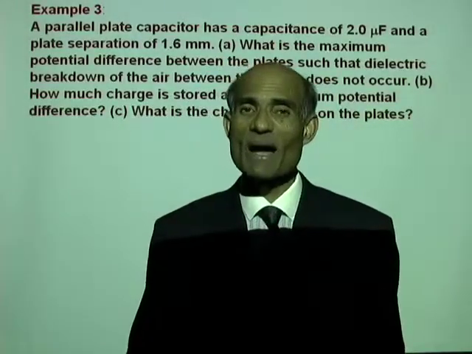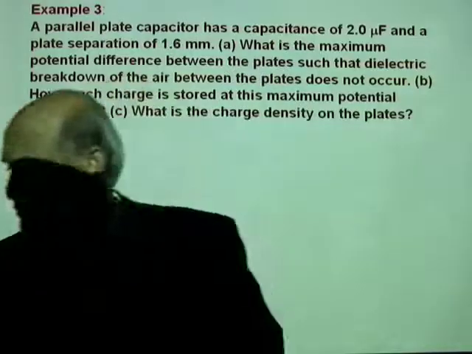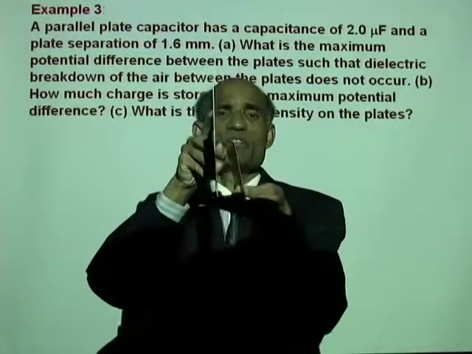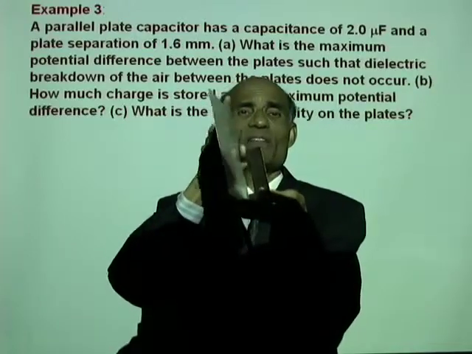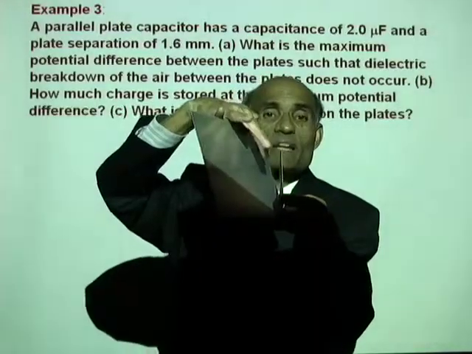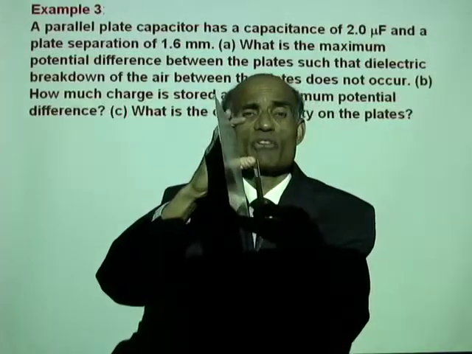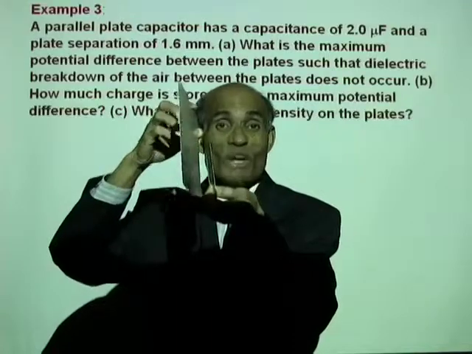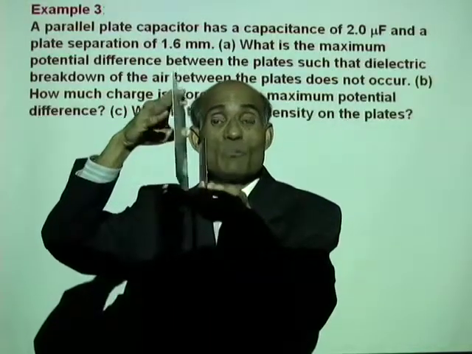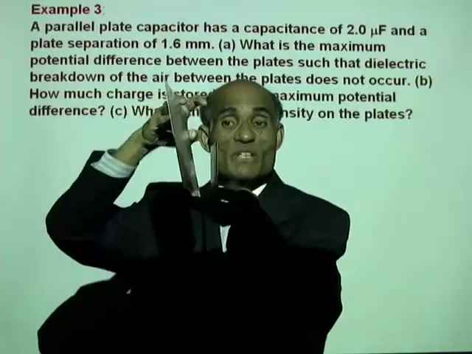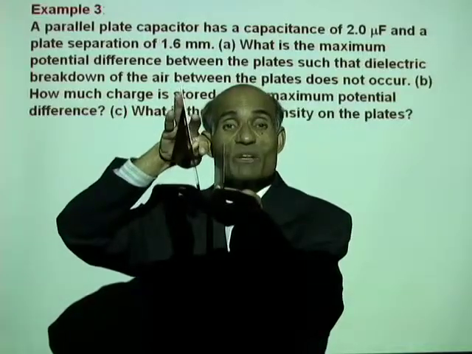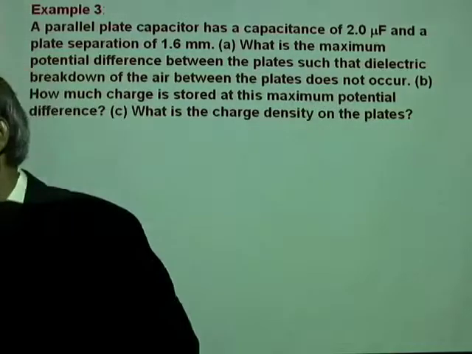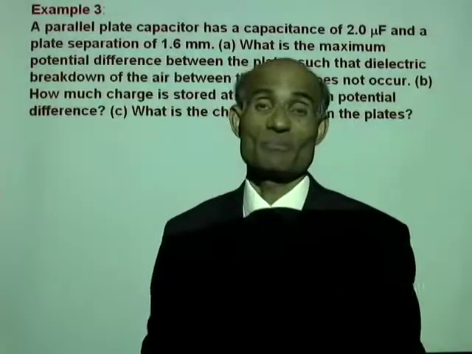Can you think for a while and tell me, if I have 2 metal plates separated by a distance d, there is an electric field between the plates. That means there is a potential difference between the plates. What is the relation connecting the potential difference between the plates, the electric field between the plates, and the plate separation? Can you think of a relation that we did some time ago?